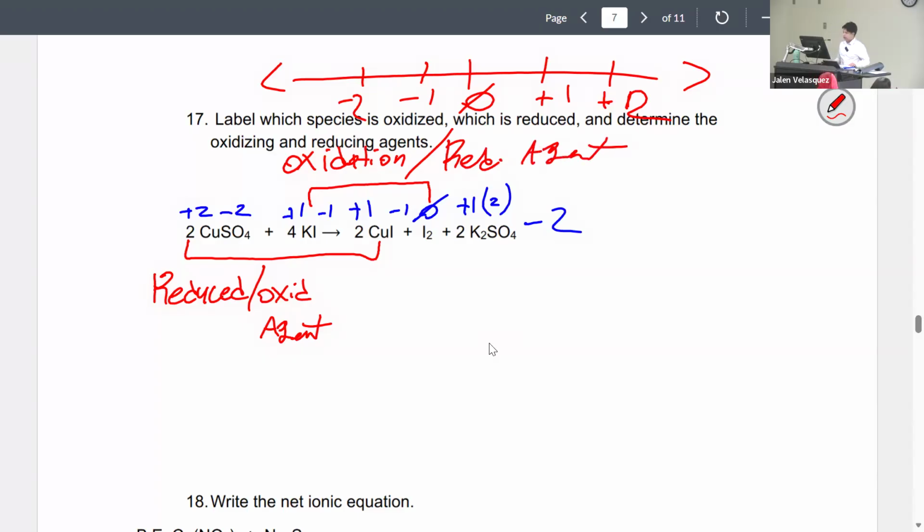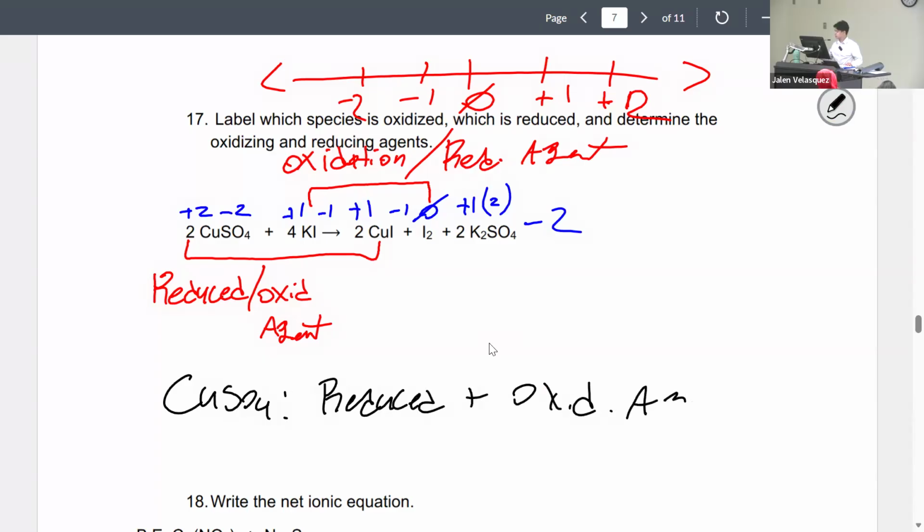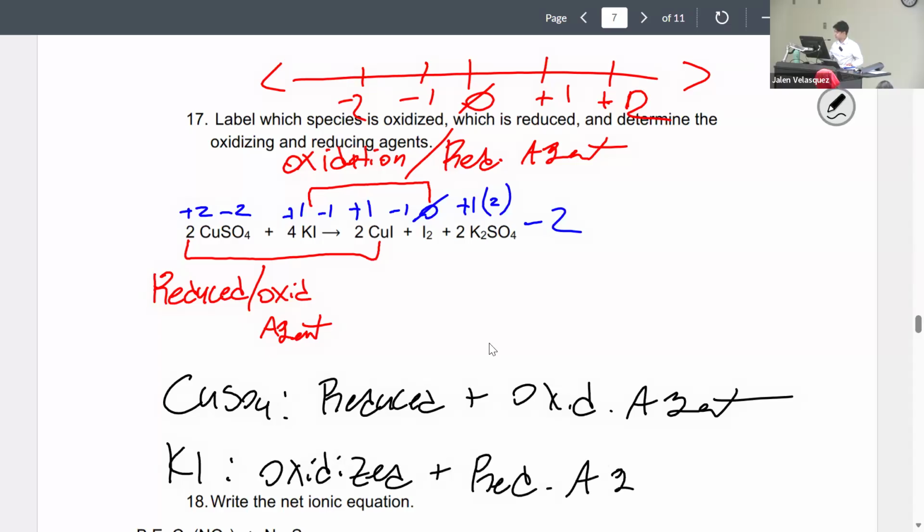So how you would respond here is you'd say copper sulfate is reduced, and it's the oxidizing agent. And then potassium iodide is oxidized, and then it's the reducing agent.